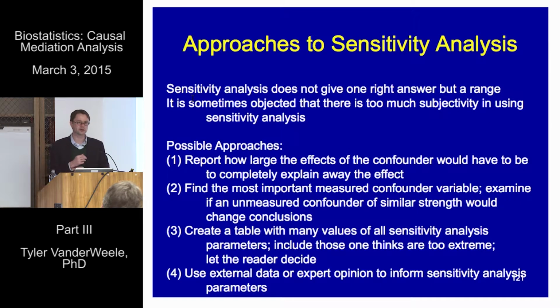A second approach would be to identify the most important measured confounder, go through the confounders one by one, omit them one by one, and figure out which one shifts the estimate the most. You can then identify what the sensitivity analysis parameters are for that measured confounder. And then you can ask the question, well, let's suppose I have an unmeasured confounder with the same parameters, with the same strength of confounding as my strongest measured confounder.